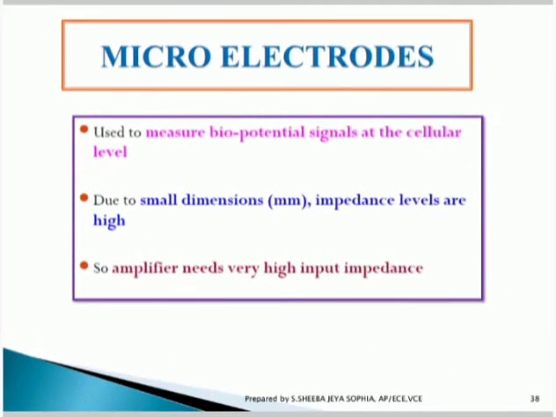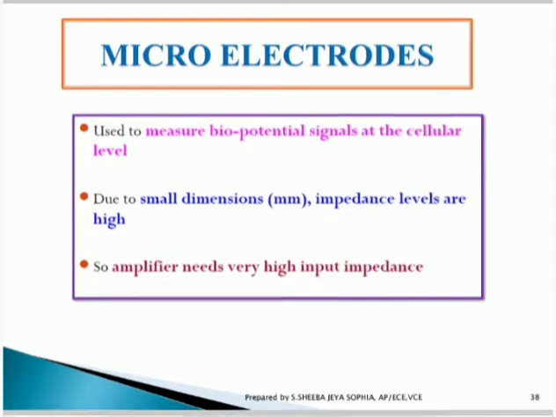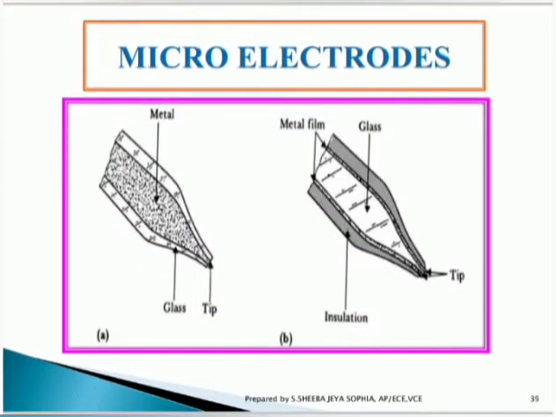These microelectrodes are used to measure biopotential signals at the cellular level, and due to their small dimensions, impedance levels are high. An amplifier with very high input impedance is required here. This is the diagrammatic representation of a microelectrode, in which metal as well as glass materials are used.